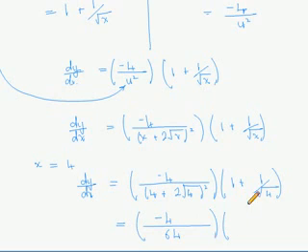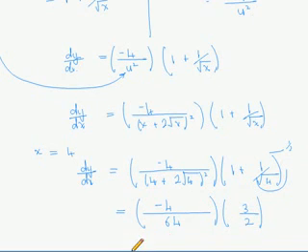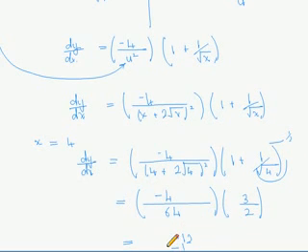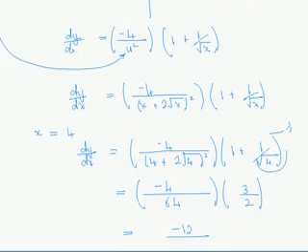And over here, this is equal to a half. I could rewrite that as 3 on 2, giving us the grand number of minus 12 over 128.